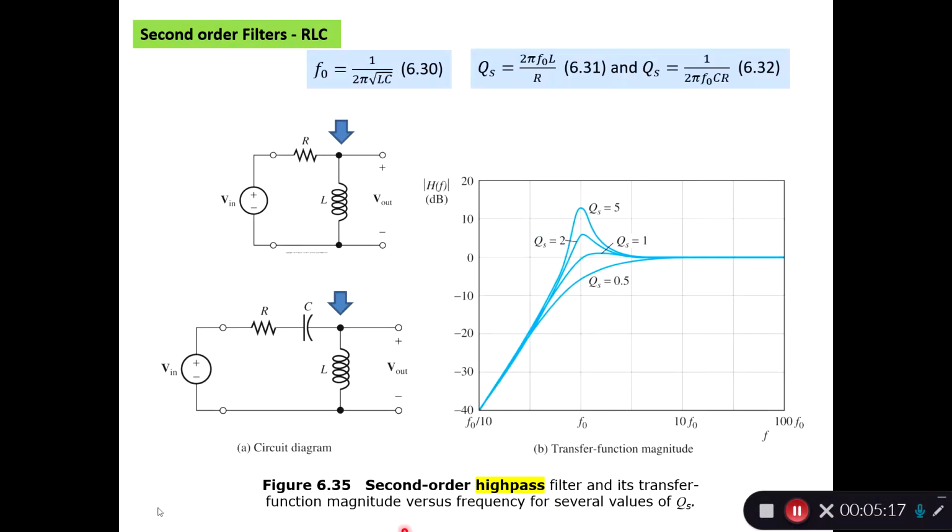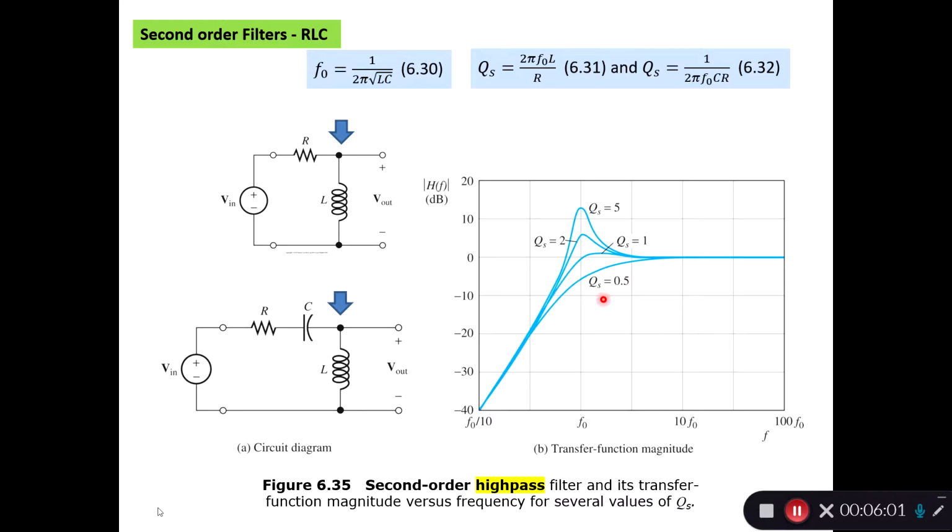Here we have the second order high pass. Notice that, similar to the low pass, we take out over the inductor. So the sloping upwards here for a second order high pass is, as you can see here, a step of a decade. We actually go up with 40 dB per decade. So where the low pass is sloping downwards with minus 40 dB, the high pass is sloping upwards with 40 dB per decade.